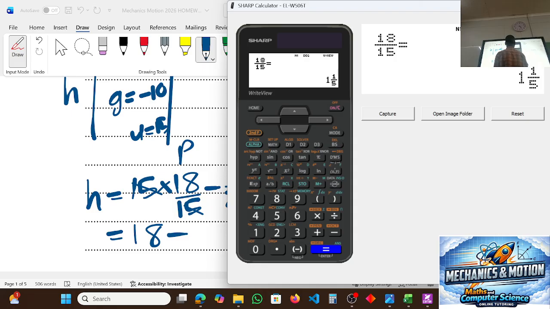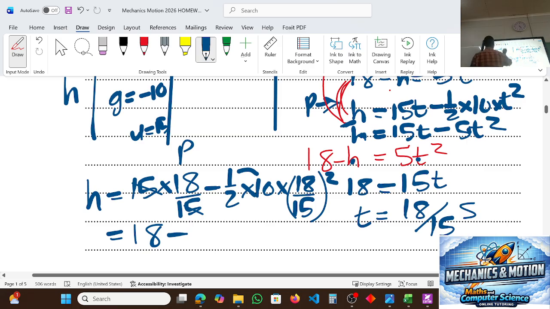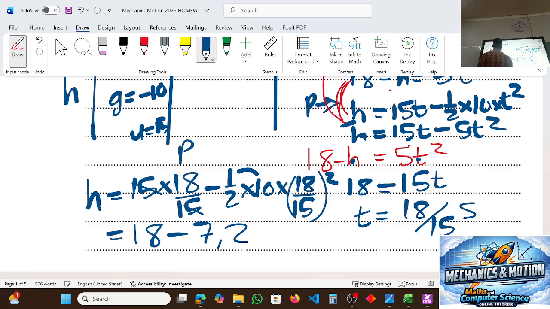This is what I get. So what if I square this? It gives me that fraction, which I want to multiply by 5. And it will give me 7 and 1 over 2. Let me change it to decimal form. I think it gives me 7.2.